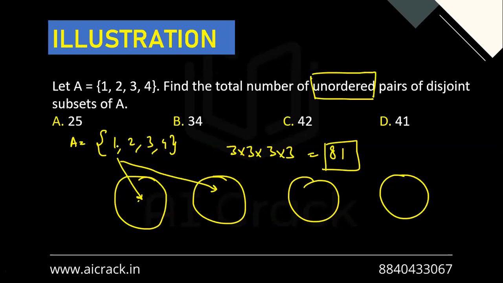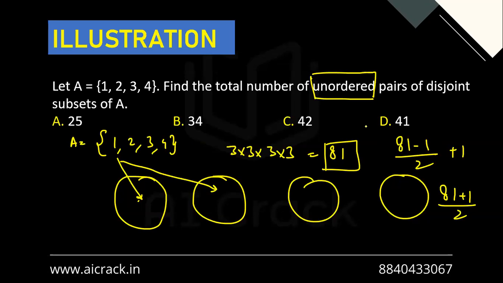Let's say none of the elements go into any of these sets, but that can happen only once. This is not going anywhere, this is not going anywhere, this is not going anywhere, and this is also not going anywhere. That can happen only once. It's not happening twice. So either we can do (81 minus 1) by 2 plus that null case, or (81 plus 1) by 2, and that is the answer.